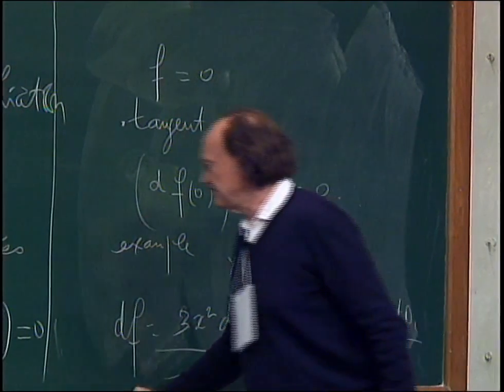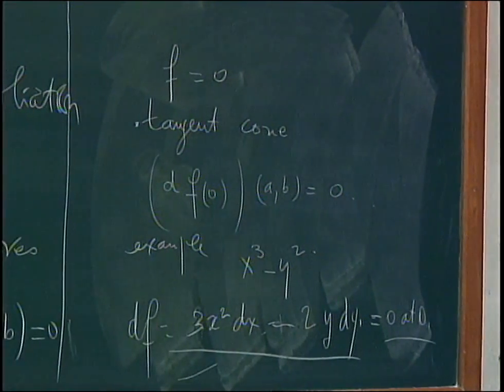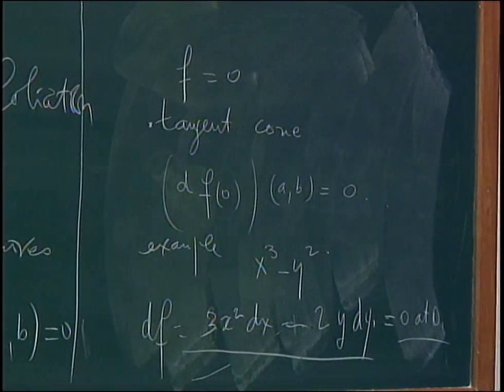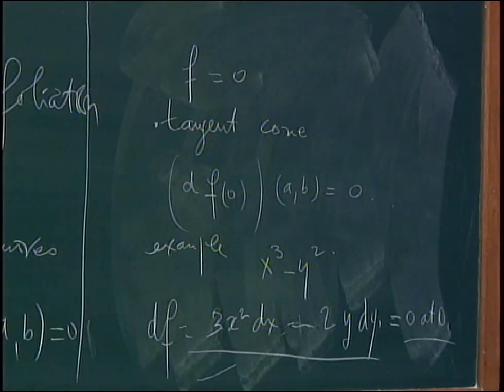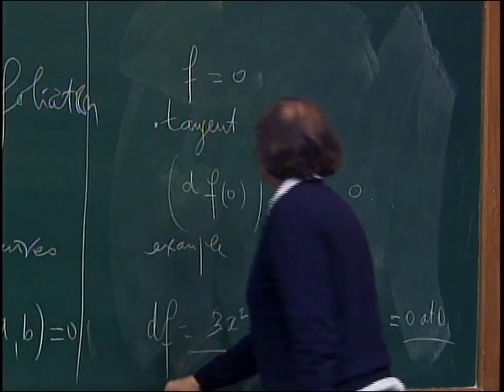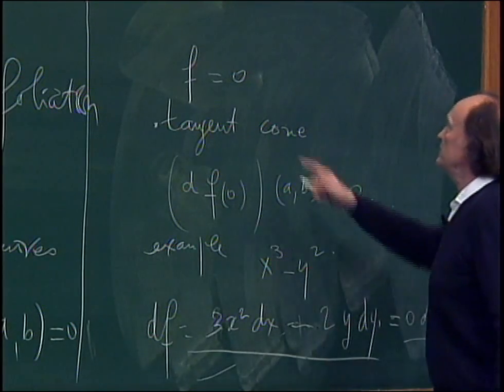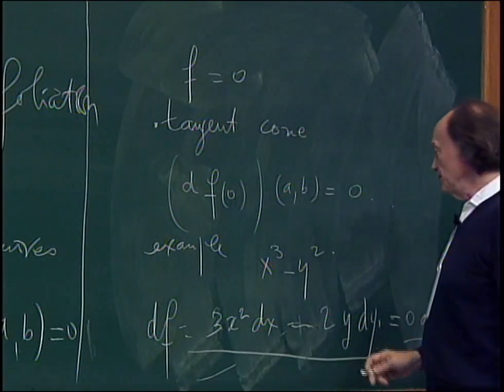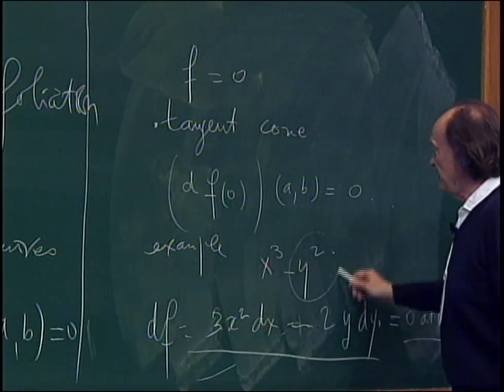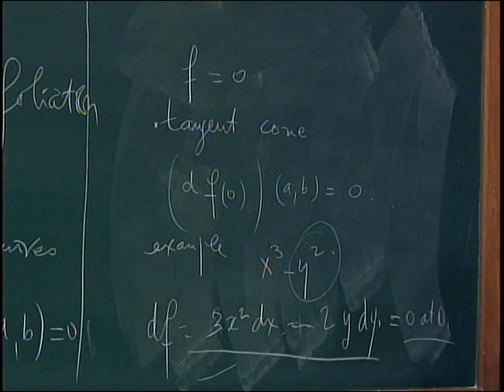And this fact, of course, is necessary to understand what occurs. To get the tangent cone for f equals 0, we just have to look at the terms of lowest degree of f.